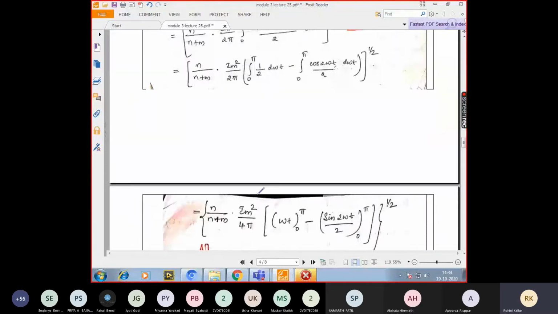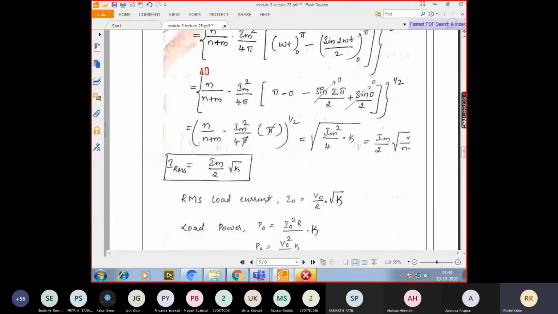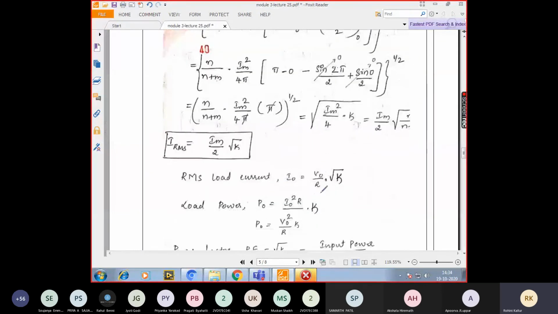So the I0 will be equal to V0 divided by R, according to your Ohm's law. So if I want I0, I'll be writing it as V0 by R into root of k. Okay, this is what is your RMS load current.